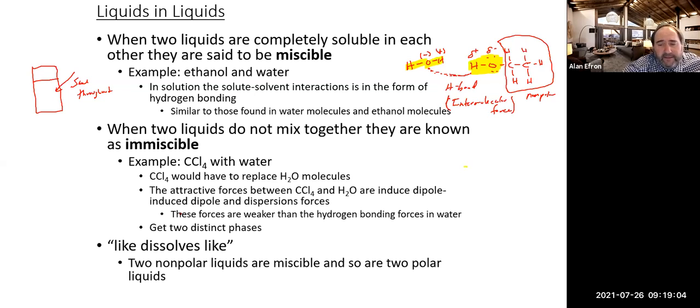Now, when we get two liquids that really do not mix with one another, those are referred to as immiscible with each other. Typically what you see is layering, with distinct layers of different liquids, because they really don't mix together. Take something like carbon tetrachloride with water and put them together. They really don't mix. So why is that?